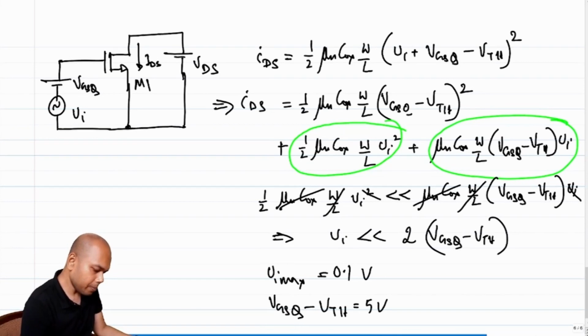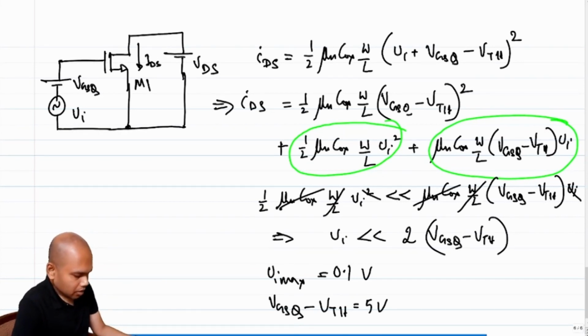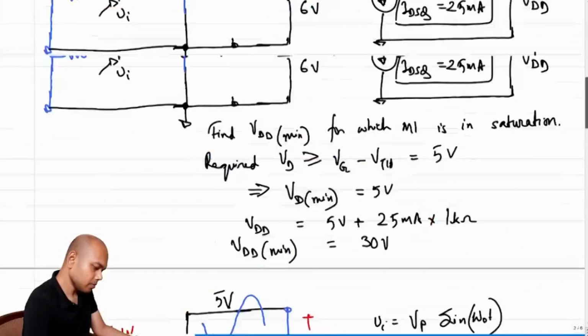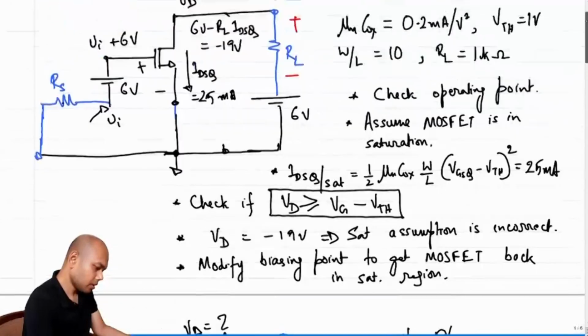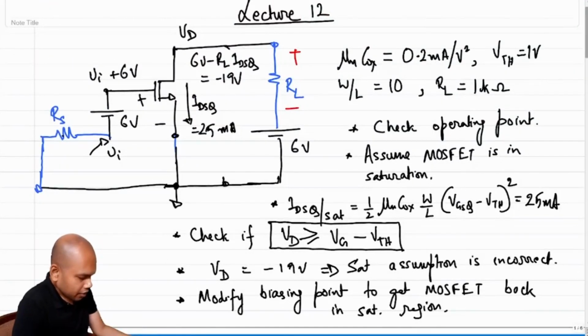So to quickly recap, what did we do in today's lecture? We started off and saw what we need to do in order to ensure that the MOSFET is in saturation, provided obviously the input side has been taken care of, right?